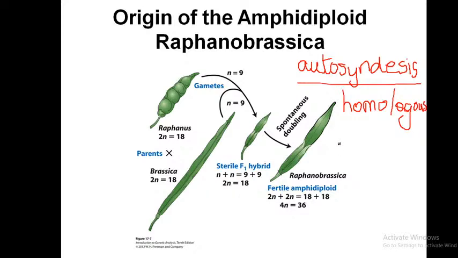We have discussed what homologous and non-homologous chromosomes are in the previous classes. non-homologous chromosome തമ്മിലുള്ള pairing ആണ് നടക്കുന്നതെങ്കിൽ that is known as allosynthesis.